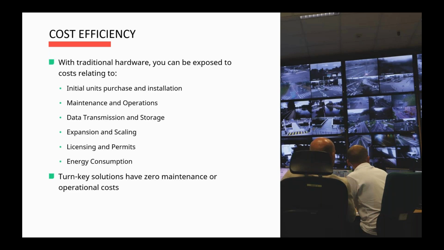Once we have our hardware system up and running, there's going to be maintenance and operations. And then we have to begin to put thought towards data transmission and storage. We've got a rather complex network going, and that takes some pretty large storage, typically on the user's end.